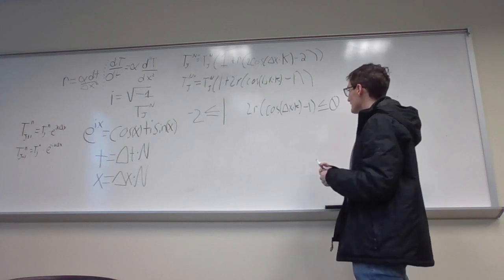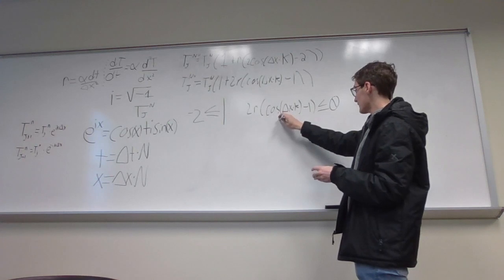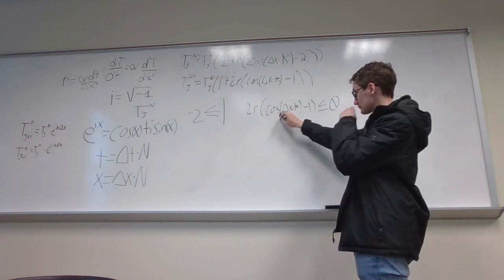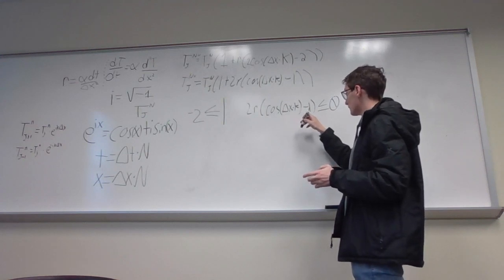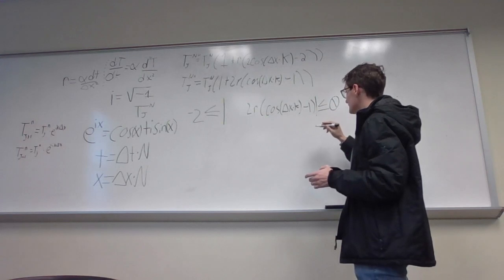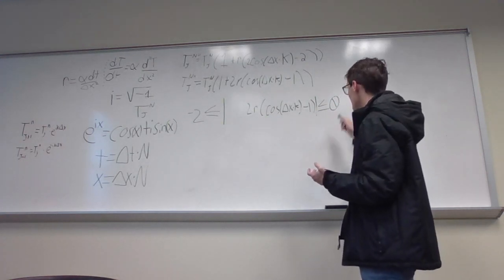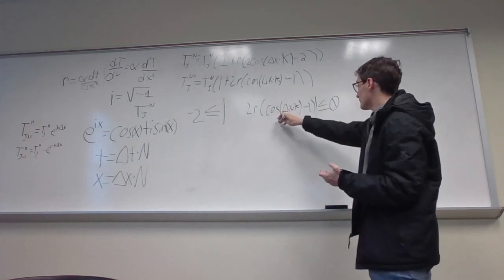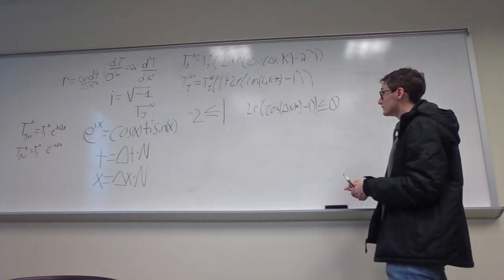So now let's look at it again. If we know this value is 1, right, we know the max value is 1, minus 1 is 0. So we know it's never going to be greater than 0. We can get rid of this term because at the max value, it dies.